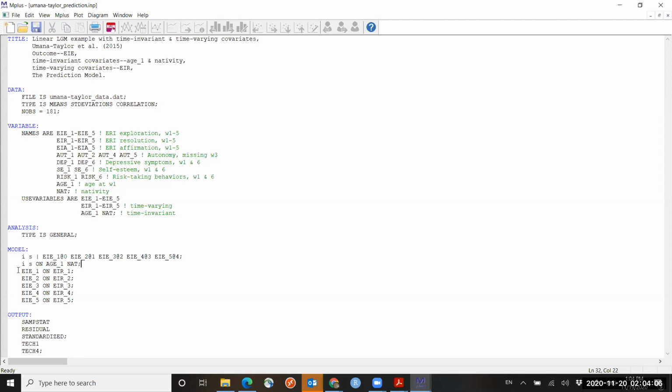So I can add time invariant predictors and time varying predictors. Here the time invariant predictors are age and nativity, which is where they are from, if they are Mexican or American.